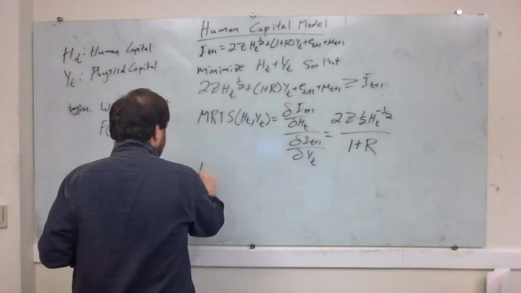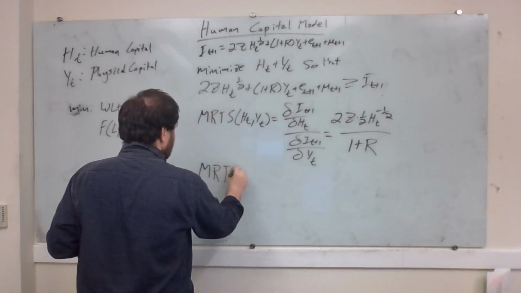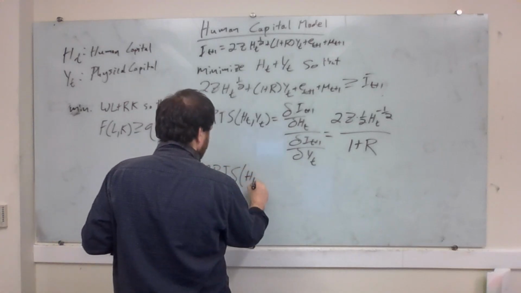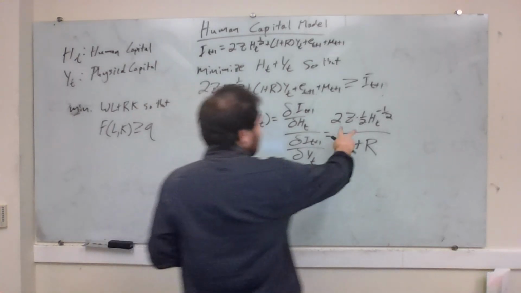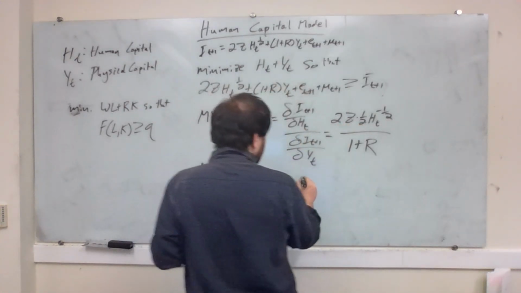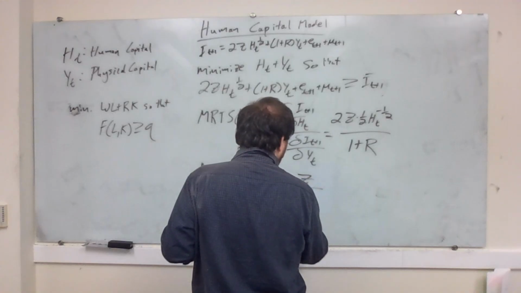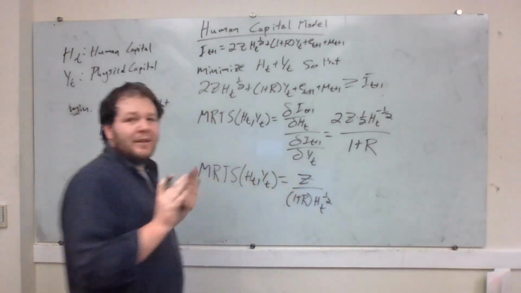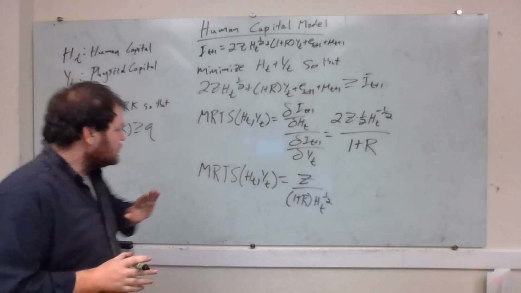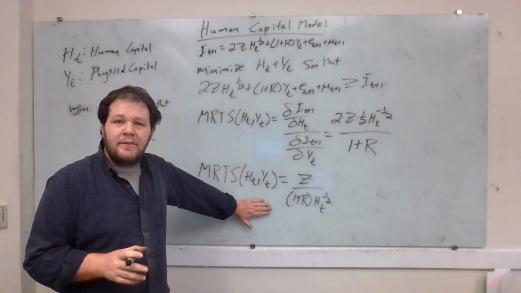So our MRTS in terms of H_t and Y_t is just, the 2 and the 1/2 cancel, so this is just going to be z over (1 plus r) H_t to the 1/2. Lovely. Okay, so what do I do with an MRTS?